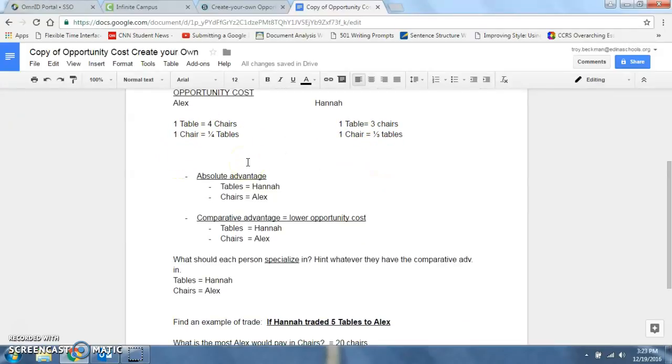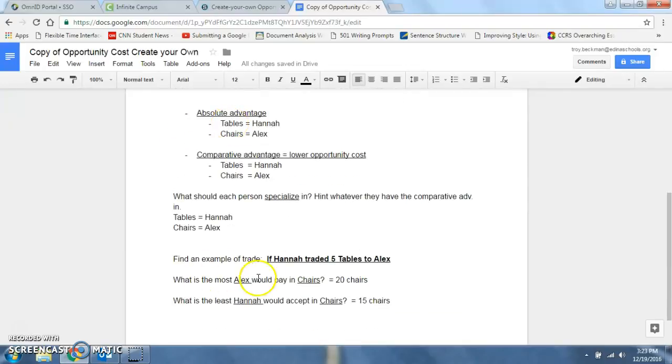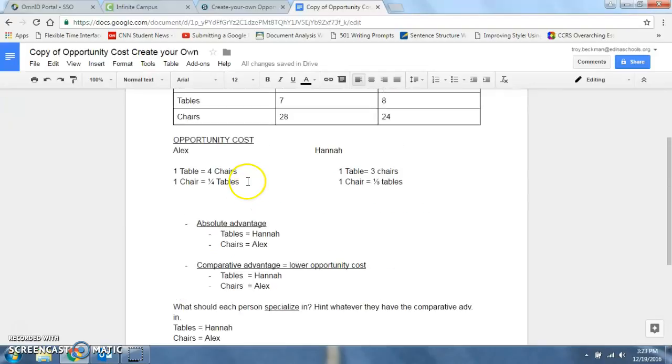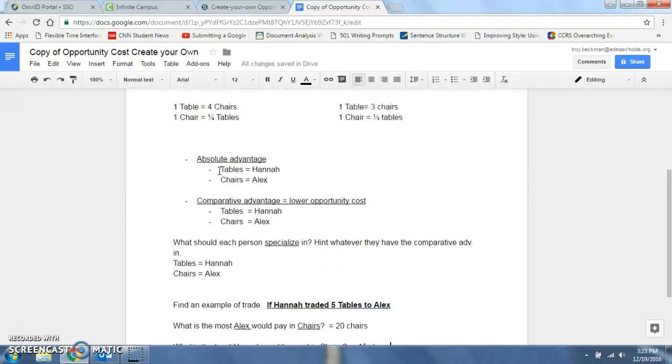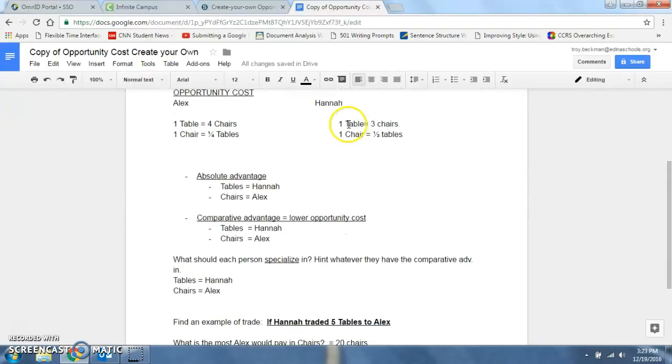So if she trades him 5 tables, you multiply it right here by 4, because what's the most he would pay in chairs? 5 times 4, which is 20. And then what's the least that she would accept? 5 times 3. If you're talking about what's being traded, you look at the first example over here. So Hannah's trading 5 tables to Alex.